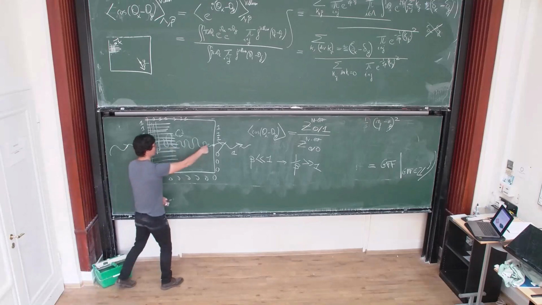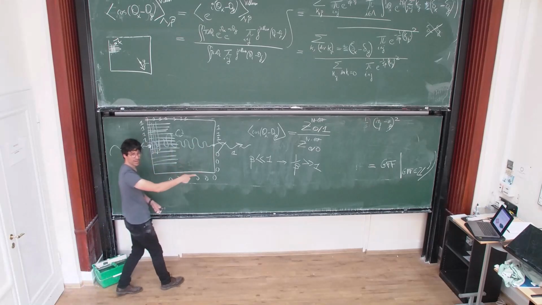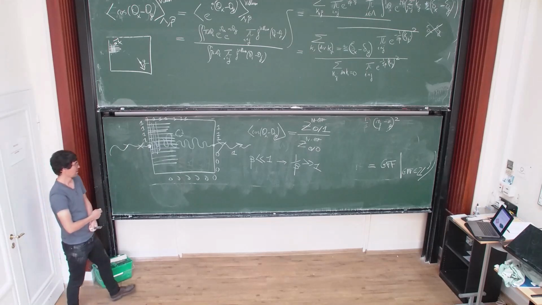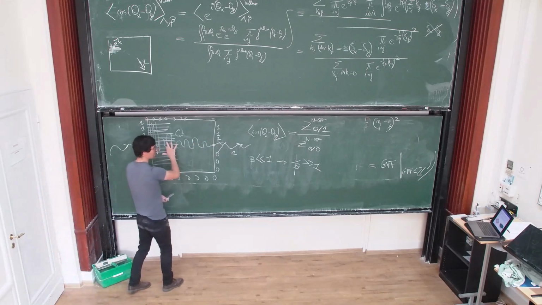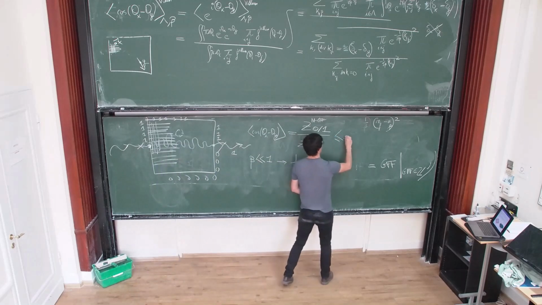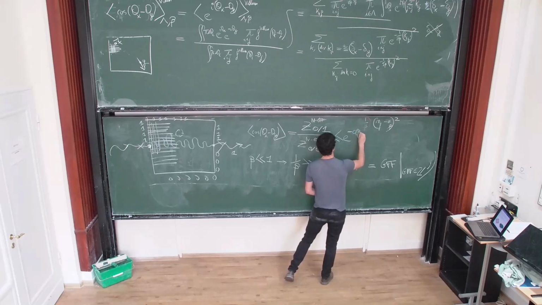And this interface will cost something like exponential minus 1 over beta times the length, at least. So this is a huge cost, and you can make a Peierls argument to show that this will be less than exponential, a constant which depends on beta, times |x - y|.